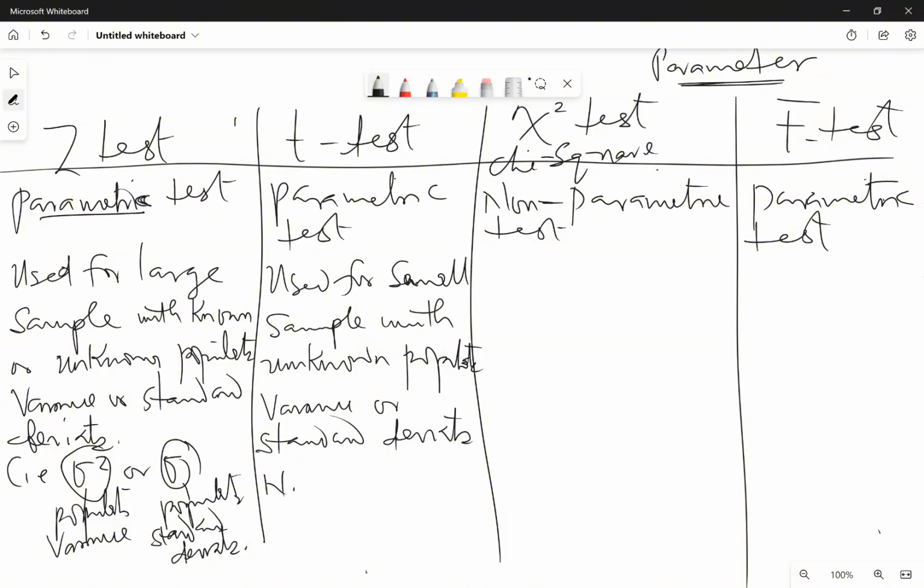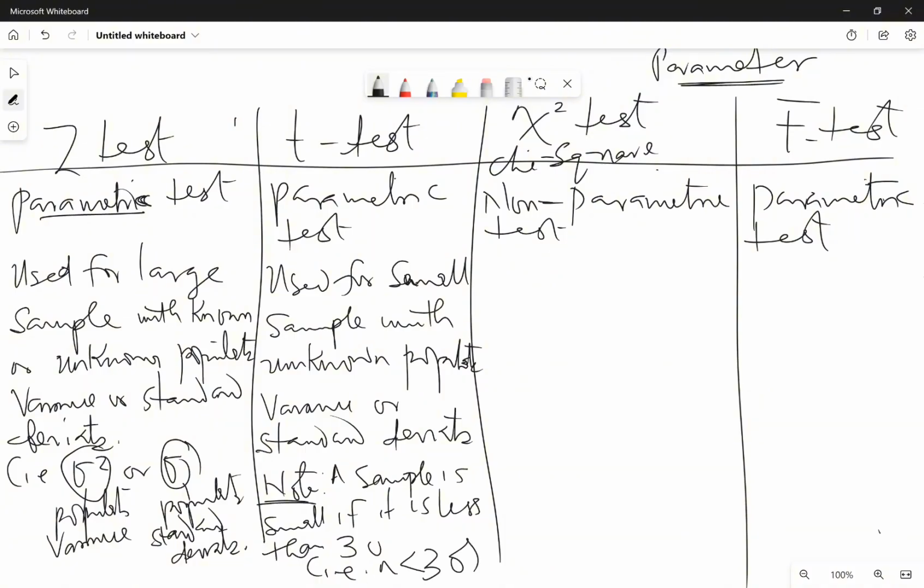Please note this. Note, a sample is small if it is less than 30. That is, if our n is less than 30, it is small. So when we say large sample, large means your n is greater than or equal to 30. Note that n is greater than or equal to 30.